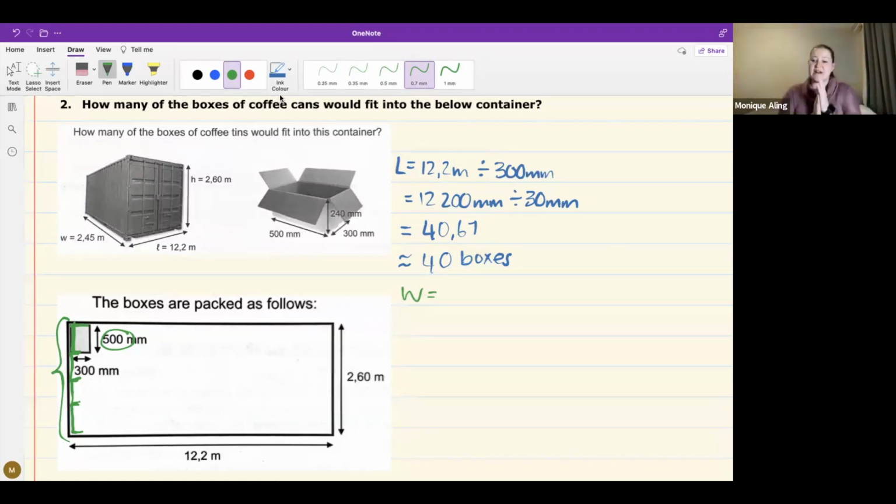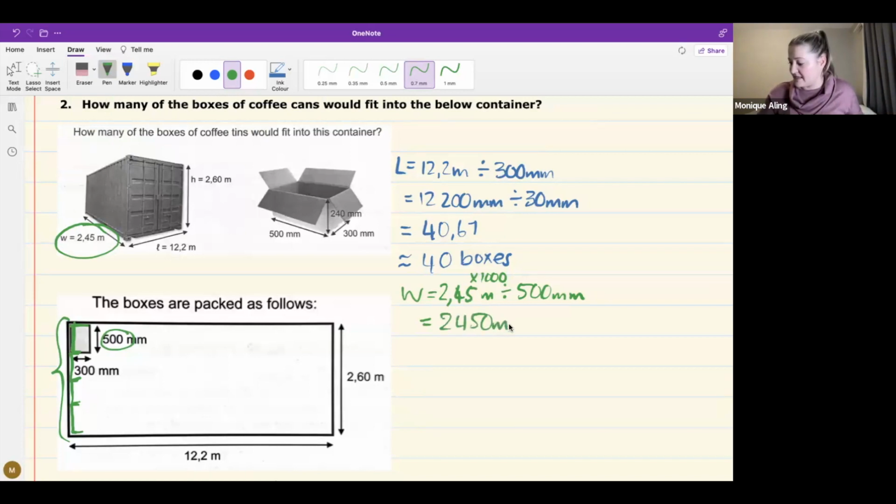Does anyone have an answer as to how many boxes fit along the width of this container? The width of my container based on the picture over here is 2,45, which in millimeters gives you 4,9 boxes.